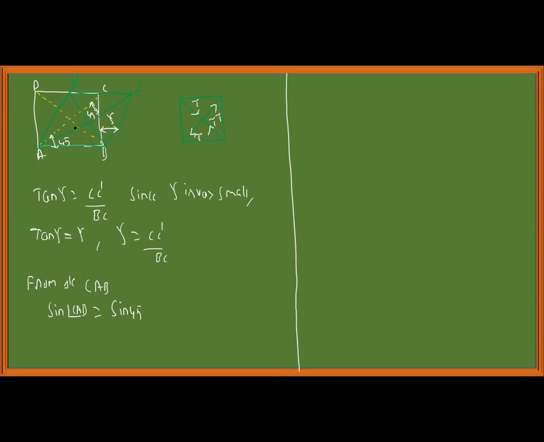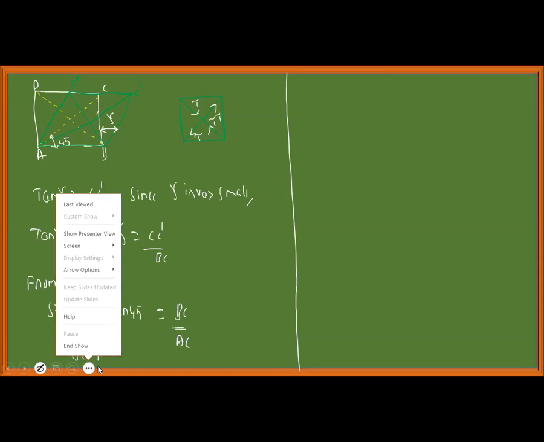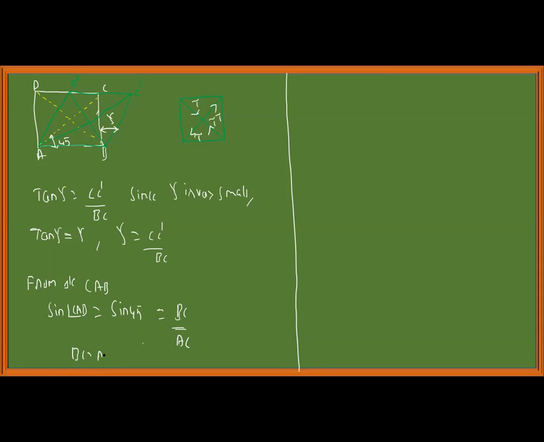I can write sine CAB as BC by AC, where AC is the hypotenuse. Or BC is equal to AC sine 45. I will call this equation 1. Hope you're understanding this, right?